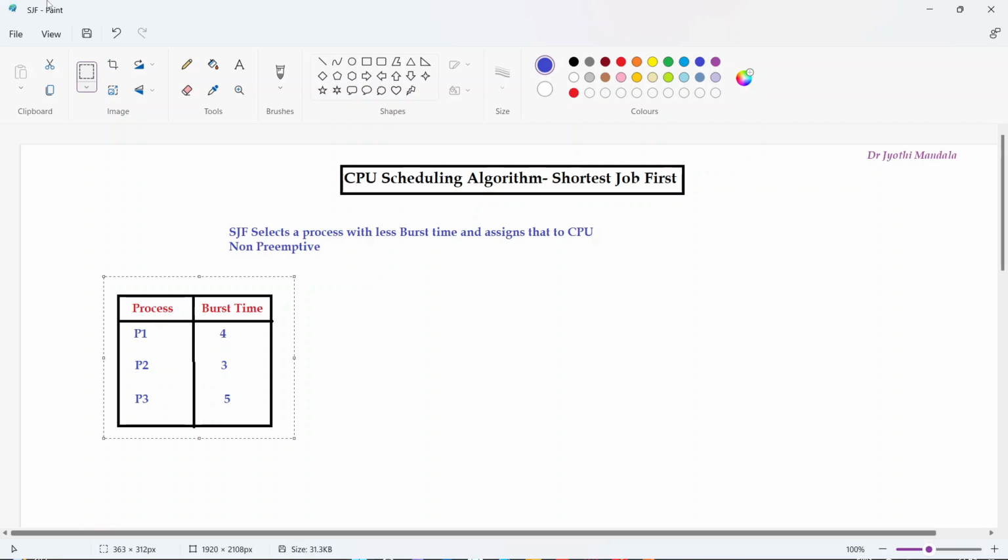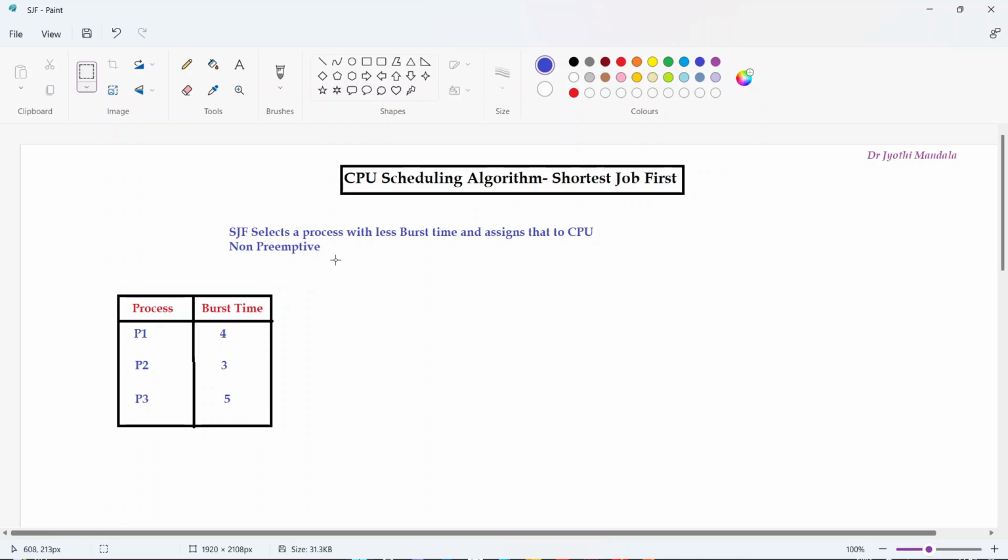Observe here, I have considered three processes P1, P2, P3. The time is given in seconds. P1 requires 4 seconds, P2 requires 3 seconds, and P3 requires 5 seconds.